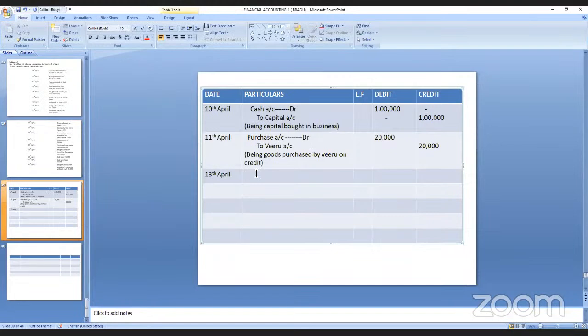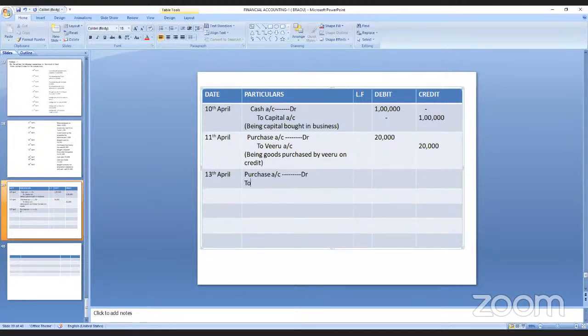Now, what is the 13th date? Purchase goods for cash. Goods purchased account debit to cash account.